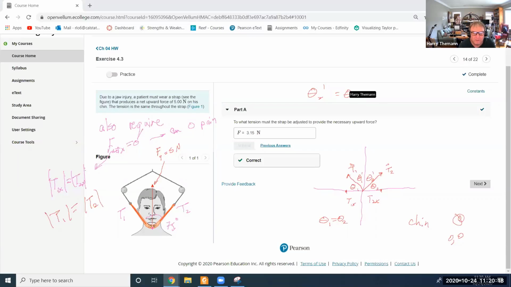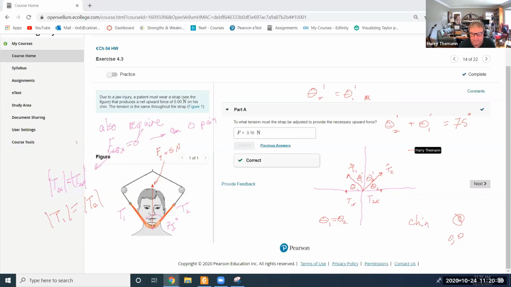And theta 1 prime, which, oh, nope. So we also can see that if that's the case, then theta 2, and we also know, even without anything else, that adding these two together equals 75 degrees.